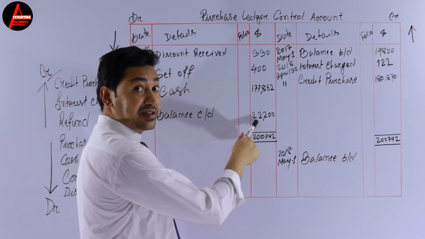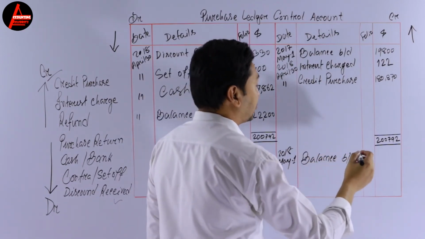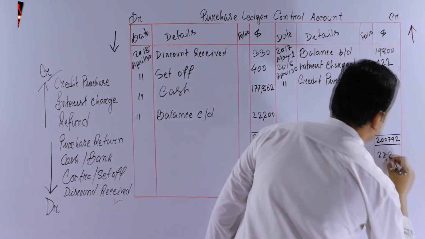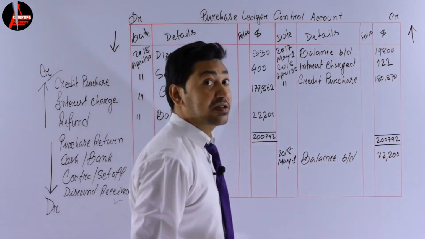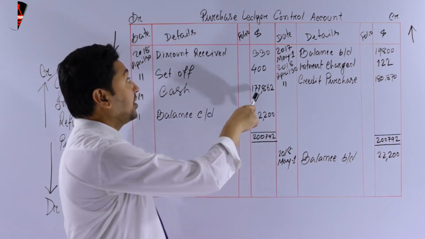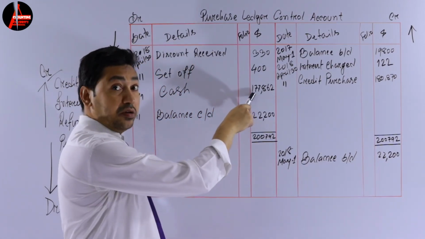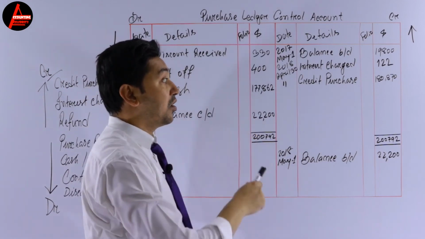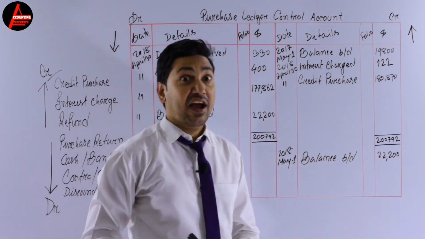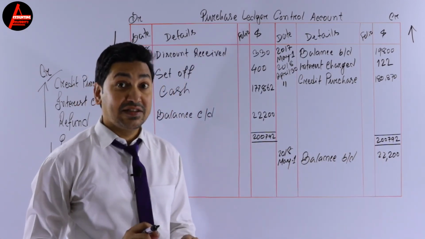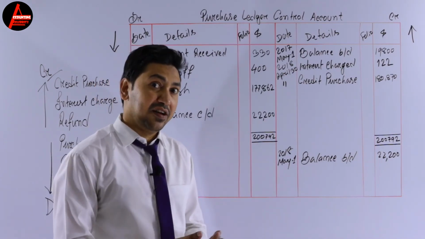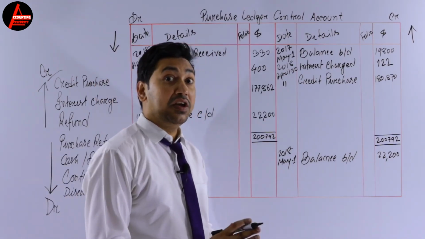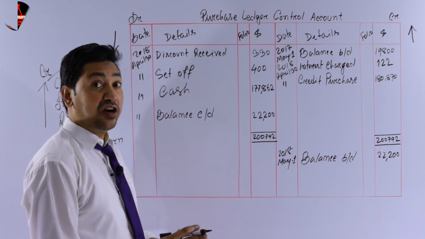You need to write the balance CD, which is 22,200. Many students think that we calculated this amount here, so this will be our balance BD. No, actually balance BD will always be balance CD brought to the next year. Okay, so this is how you need to prepare the purchase ledger control account.